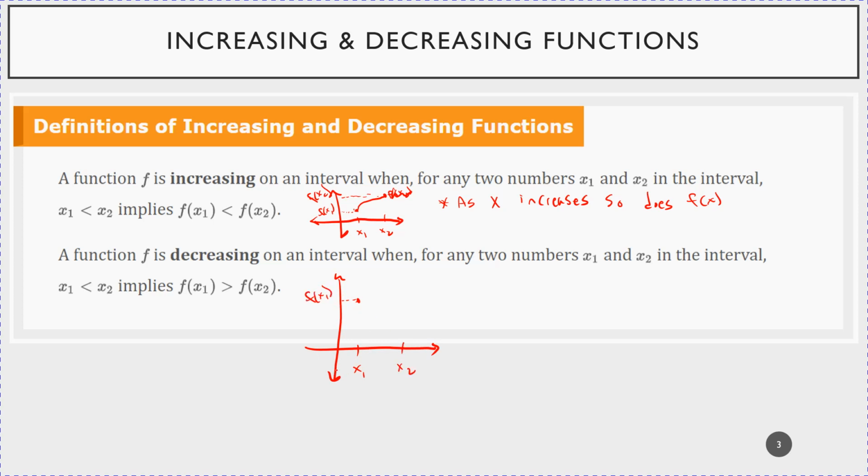Here's x2, which is greater than x1, but down here is f of x2. So what this means is, as x increases, as you're moving left to right, f of x falls.